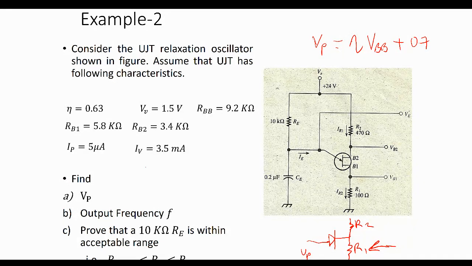You know that R3 times your value of capacitance times the natural logarithm of 1 over 1 minus eta is equal to T. If you're able to find the period, then you can find the frequency.